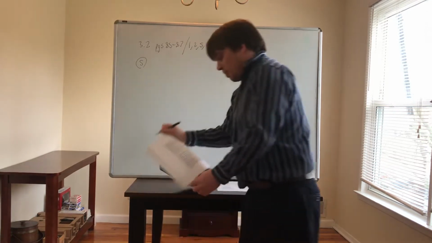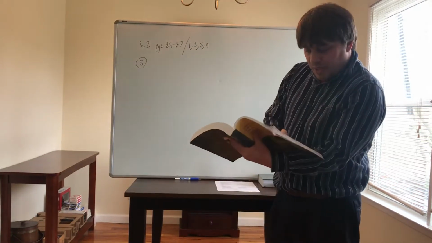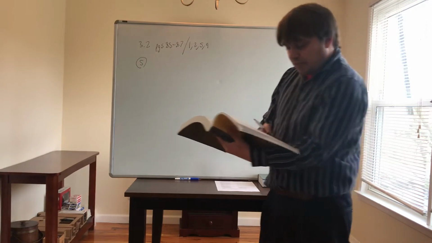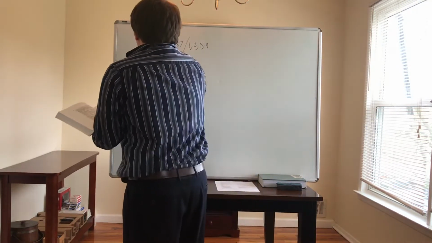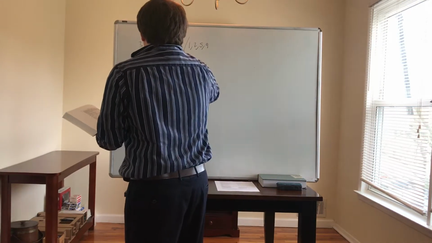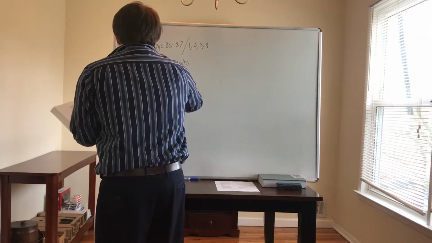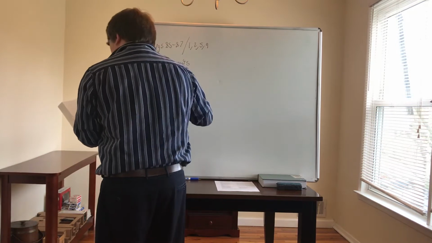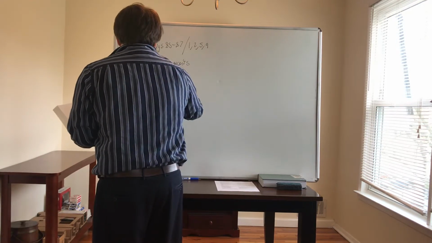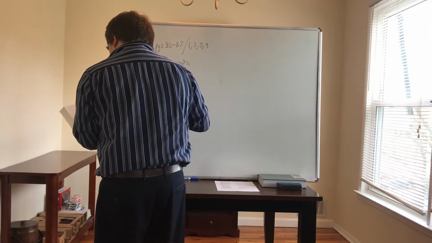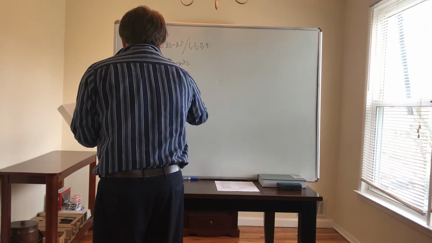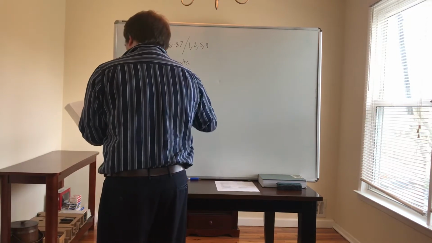There's a lot of information for number 5. It says let A, B, and C be events, and then it gives a whole lot of information. So I'm going to summarize this here. A, B, C are events, subsets of the sample space. P of A is equal to 0.4. P of B is equal to 0.5. The probability of event C is equal to 0.6.